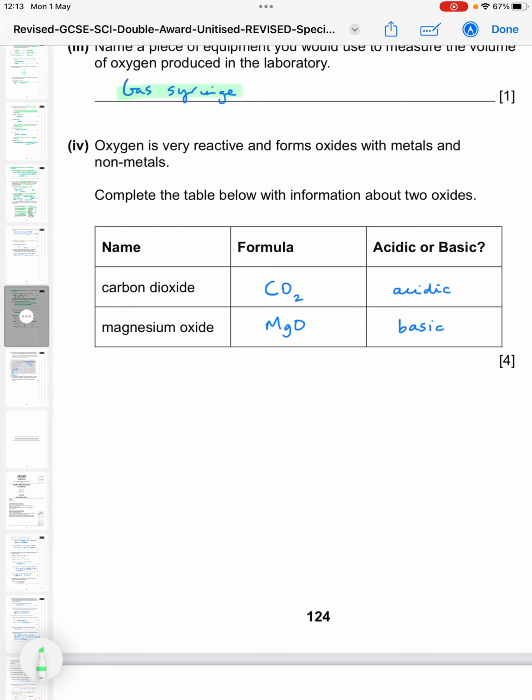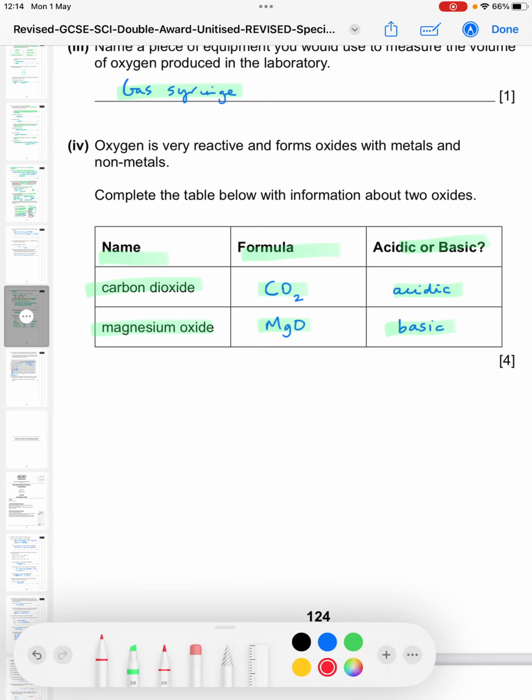So then oxygen is very reactive and forms oxides with metals and non-metals. Complete the table below with information about 2 oxides. So we've got the name, the formula, and then acidic or basic, and you have to fill in both the formula and whether it's acidic or basic. So we know that non-metals are going to give us acidic oxides. So carbon dioxide will be acidic, and magnesium oxide, metal oxides are going to be basic.